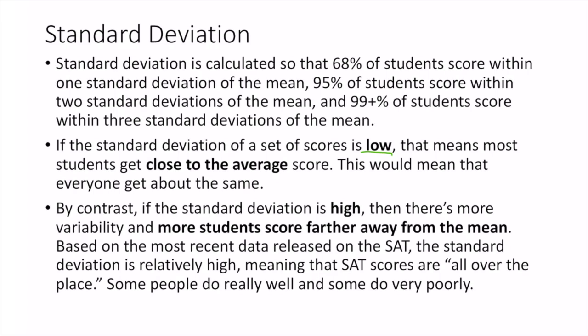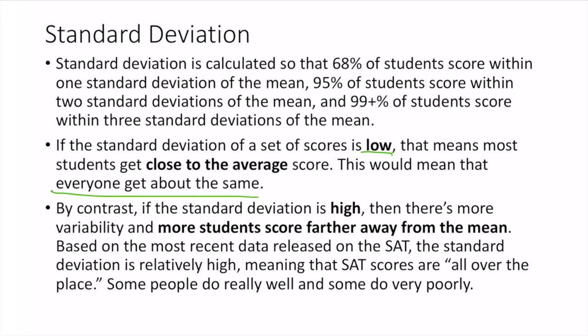Everyone got about the same thing; they were all in the same region. By contrast, if the standard deviation is high, that means there's a huge change in the data. The data is very spread out.